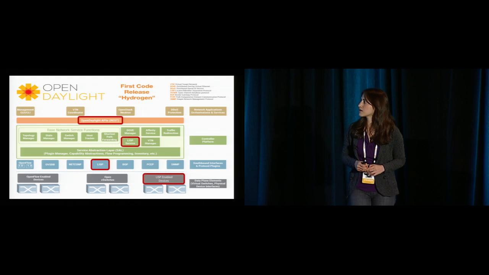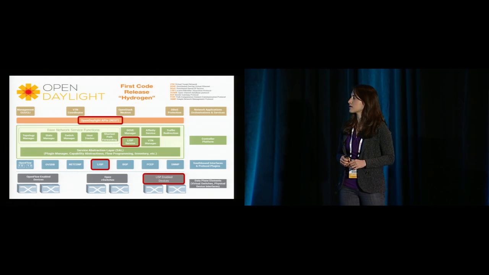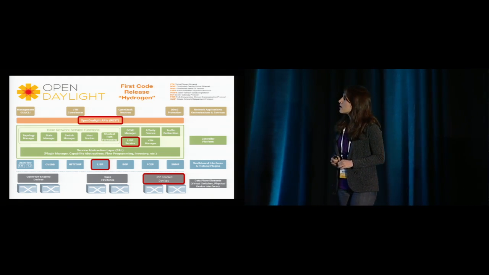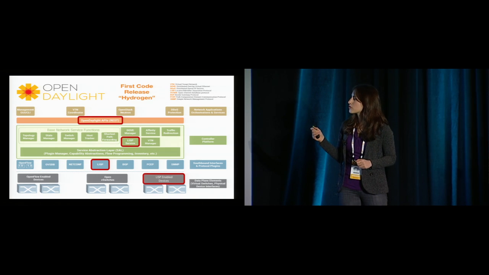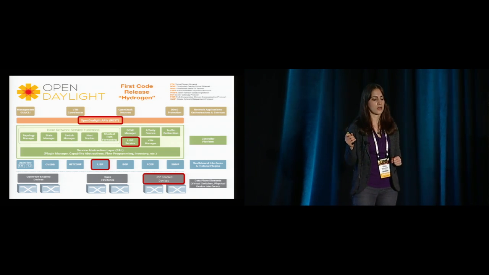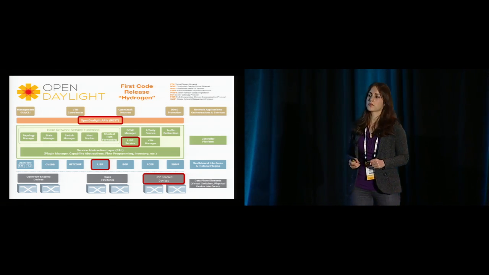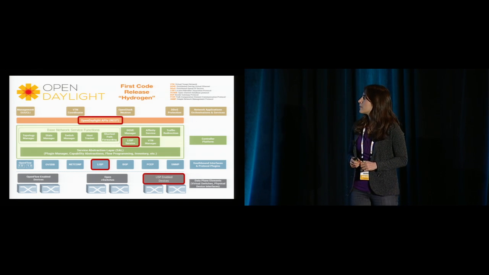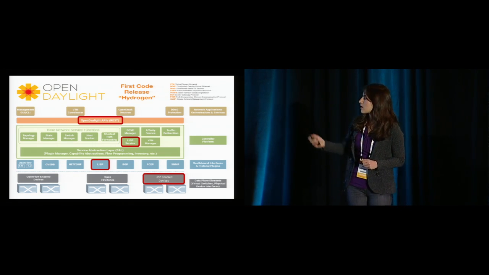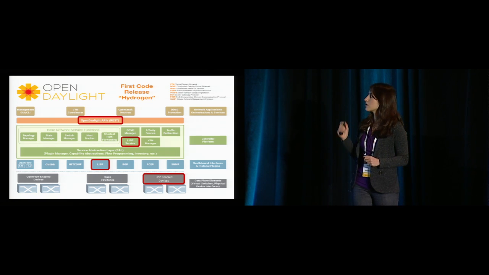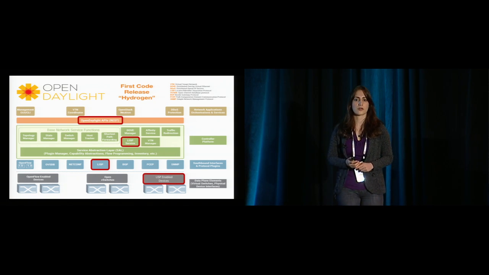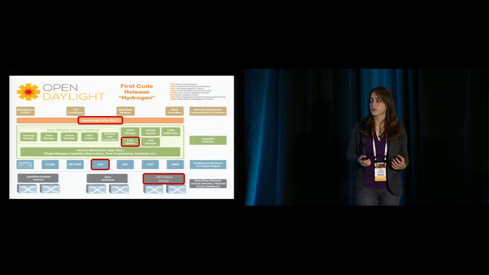Okay, so let's take a look at the OpenDaylight LISP implementation. This puts LISP components into context with respect to the rest of the modules in OpenDaylight. As you can see, there's the LISP service in between. That's the main module that provides the mapping system services.